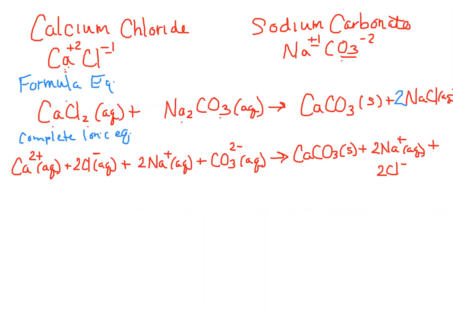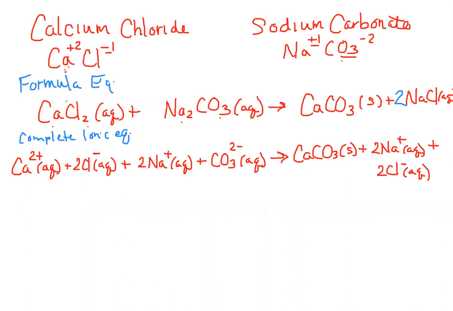Oh no, I lost it. Here it is. 2 chlorines, which has a -1. This is the complete ionic equation right here.